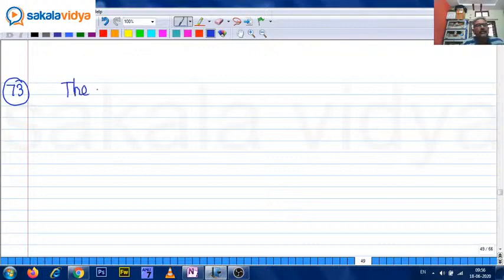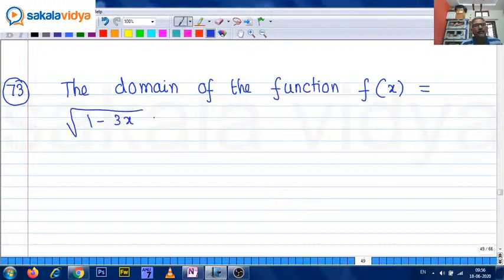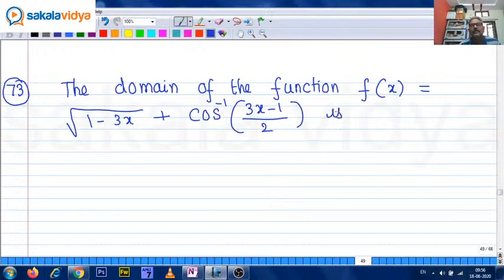The domain of the function f of x equals root over 1 minus 3x plus cos inverse of 3x minus 1 upon 2 is.